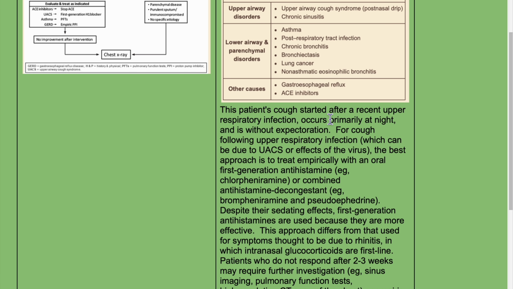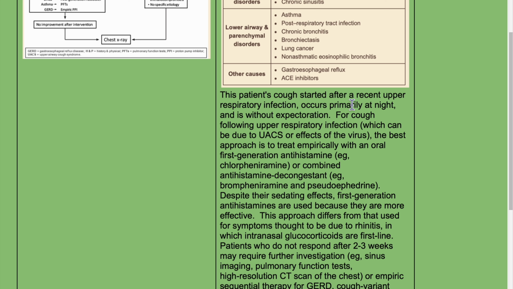So, this patient's cough started after a recent upper respiratory infection, and it occurs primarily at night and is without expectoration, right? So, cough following upper respiratory infection, which can be due to upper airway cough syndrome, UACS, or effects of the virus.